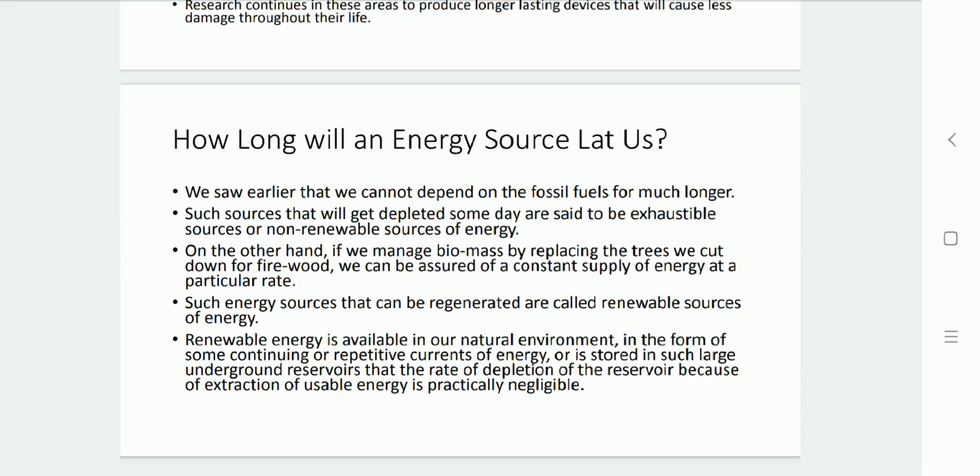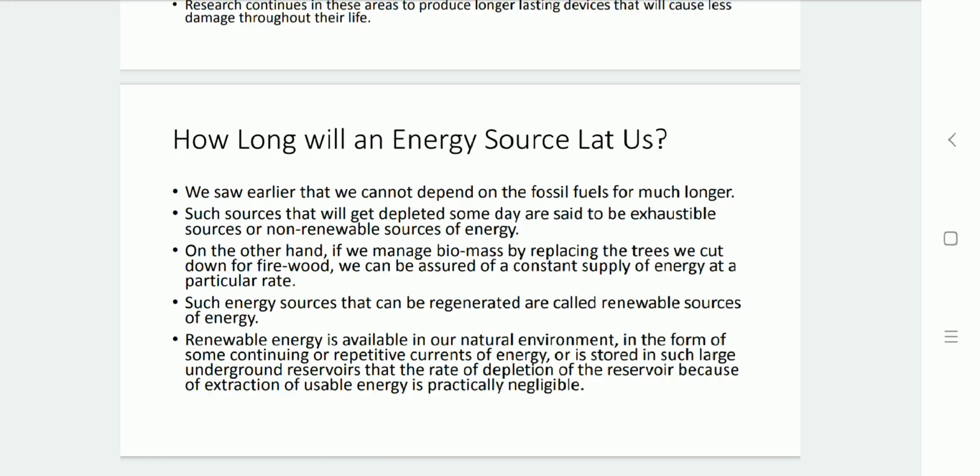Now, how long will an energy source last for us? As we know, fossil fuels cannot be utilized for much longer. There is a limited amount of these sources available. So we need to select a source that we can utilize for a long time. Fossil fuels are exhaustible and non-renewable sources.